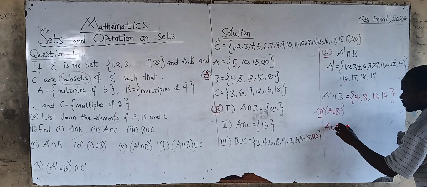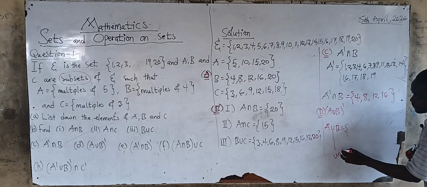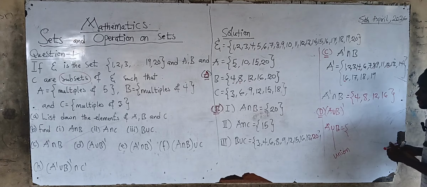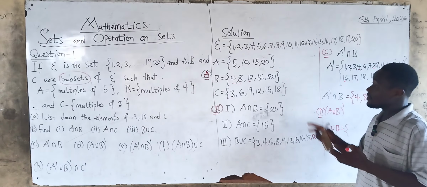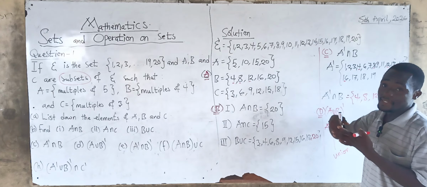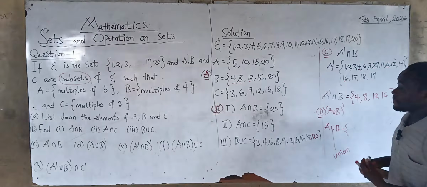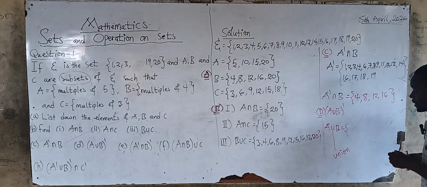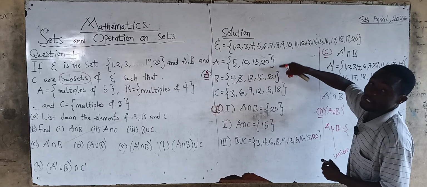I believe you know A union B. We said the symbol here means what? Union. That is unity. So if I say A union B, meaning I'm going to combine the set of elements for the set A and B, combine them, and after that I will arrange them in order of increasing, that is, in order of ascension. So for A union B, I'm going to combine the elements of A and B and arrange them from the smallest to the biggest.